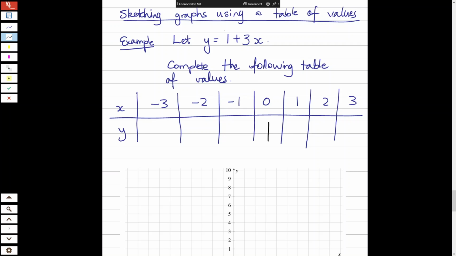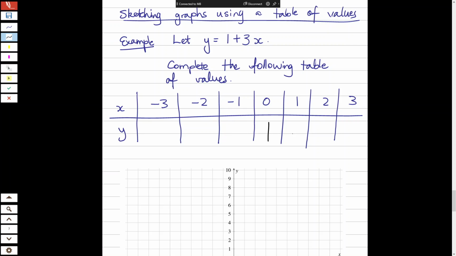All right, what if x was 1? What would the value of y be? Now set x equals 1. What's the value of y going to be?